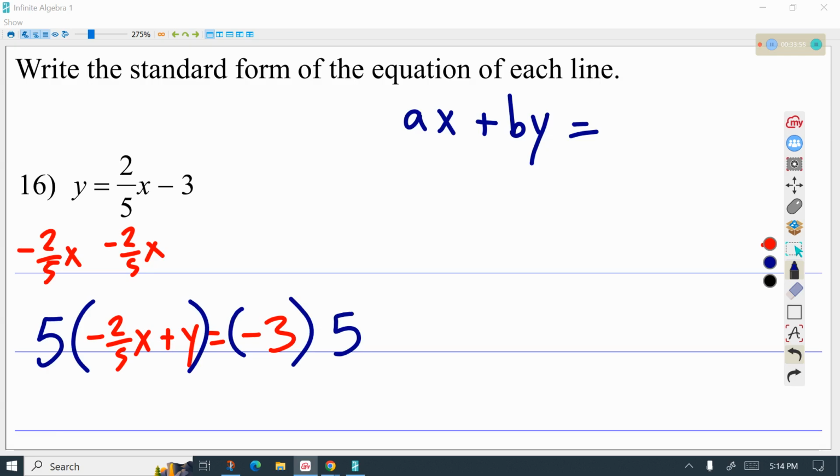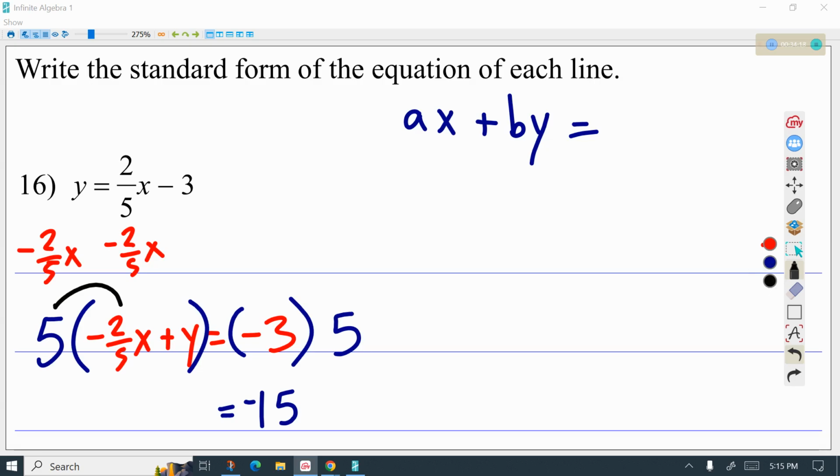Now look, on the right, we just got a negative times a positive. So that's negative 15, not positive 15, right? Negative 15. But when we're looking over here on the left side, we got to distribute again, right? I got to do the 5 times the negative 2/5 x, okay? But what's that mean? 5 times negative 2/5 x.